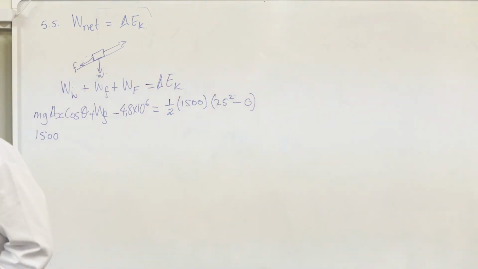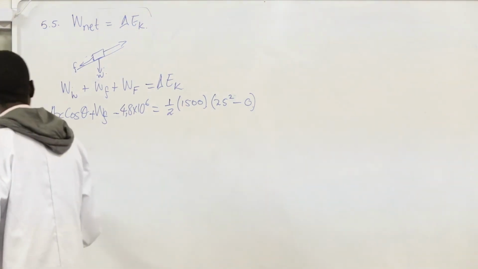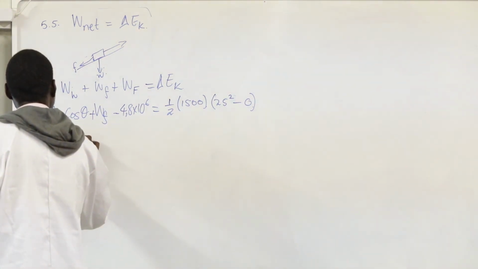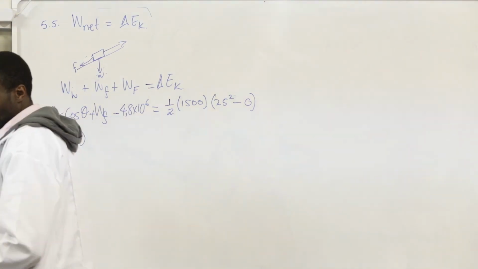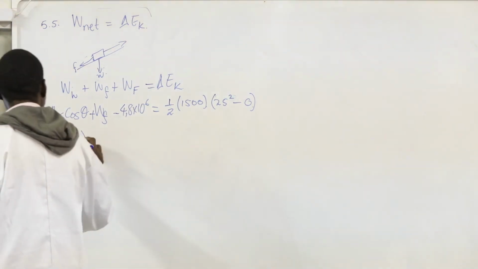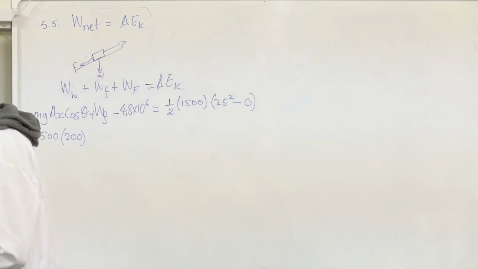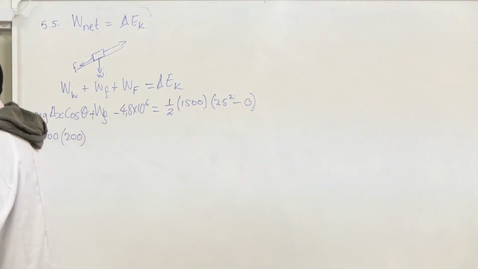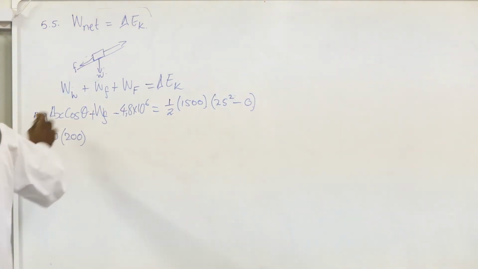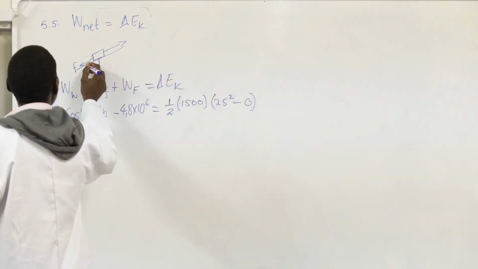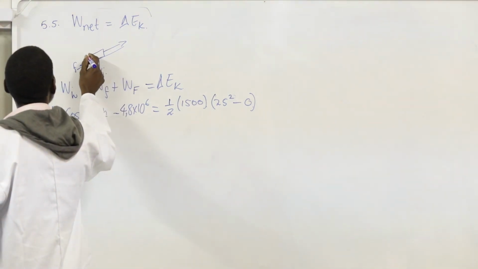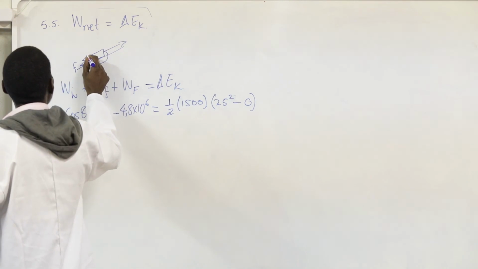I have got the distance of 200 change in x, and the cos of the angle is actually an angle of 180, because that force of FG parallel is 180.